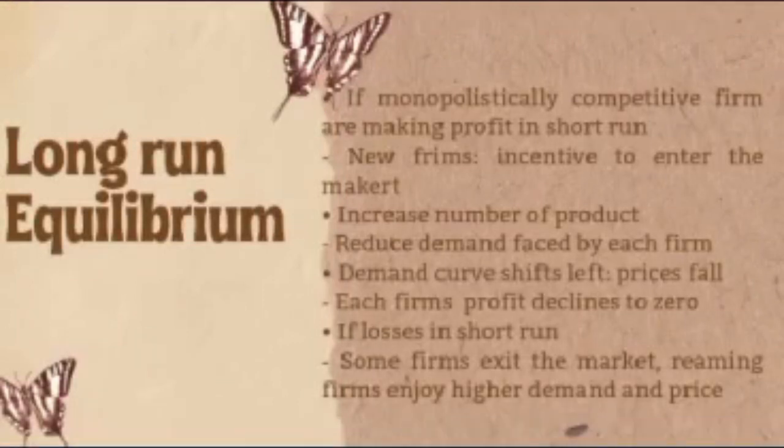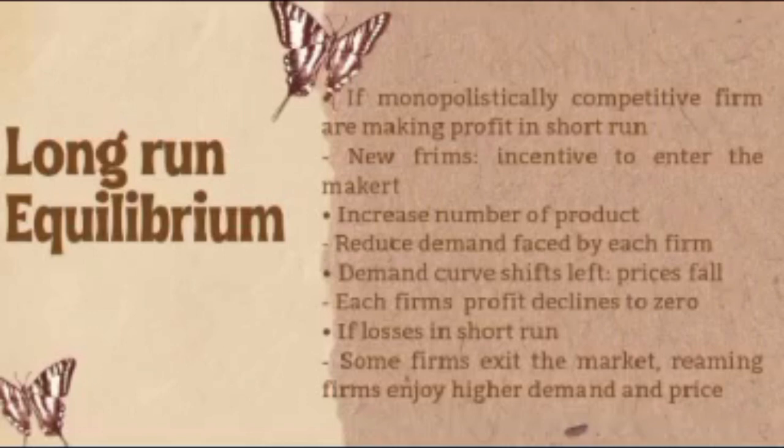The next is the long-run equilibrium. If monopolistically competitive firms are making profit in the short run, new firms have the incentive to enter the market, increasing the number of products and reducing the demand faced by each firm.